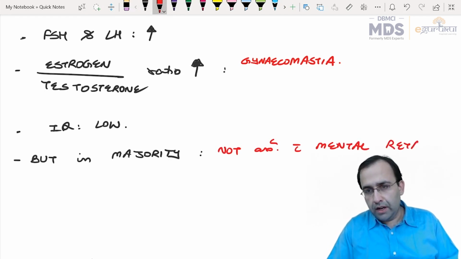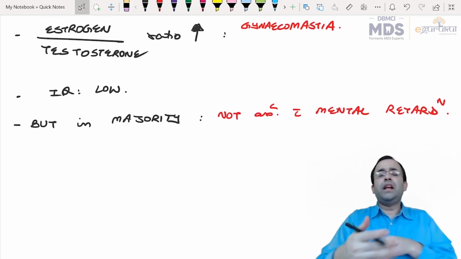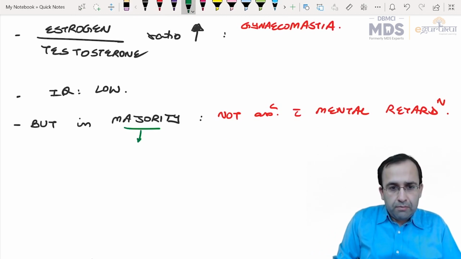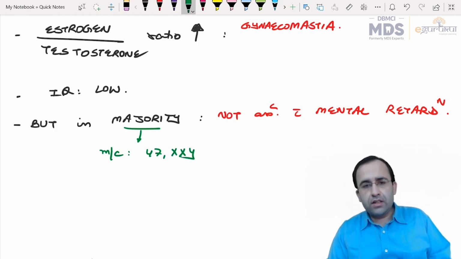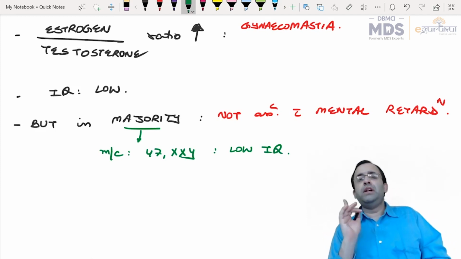This point is again important. Which was the most common Klinefelter's? 47XXY. 47XXY is low IQ, not mental retardation.